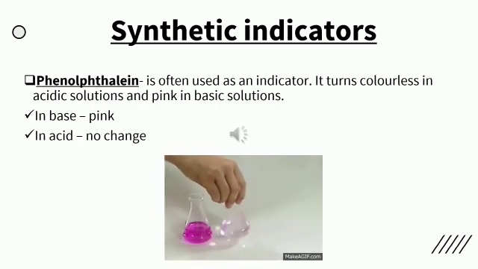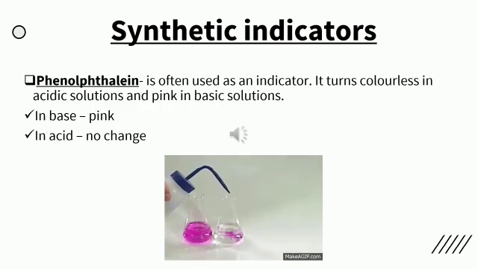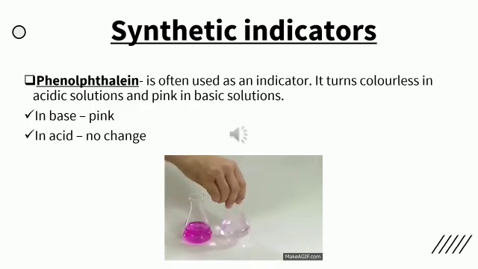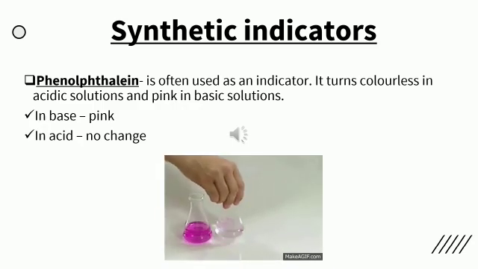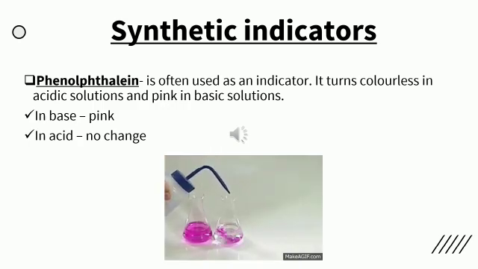So phenolphthalein is one of the synthetic indicators. It is often used in laboratories. Okay. And it turns colorless in case of acidic solution and pink in case of basic solution. When you add a few drops of phenolphthalein into acid, it shows colorless. When you add it to base, it shows pink in color.